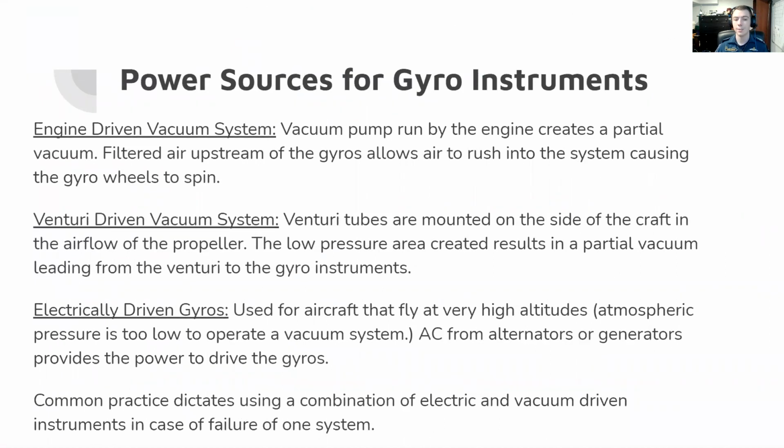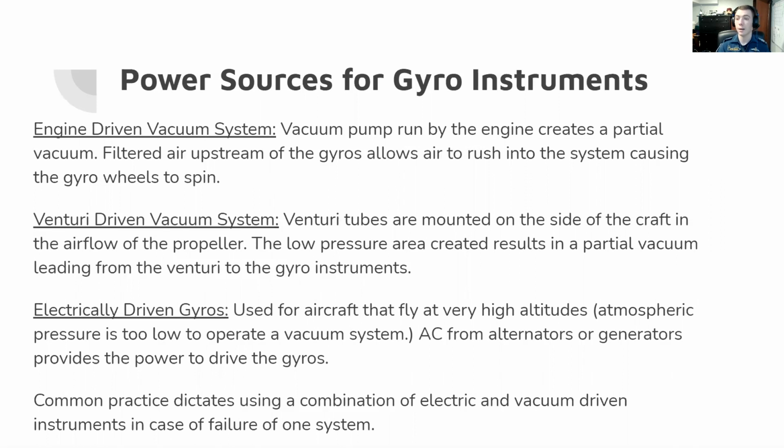All right, so we've got a few different types of power sources. So we have engine driven, so basically a vacuum pump, which is a cool piece of machinery that will evacuate air to create suction, and it doesn't create a perfect vacuum. It's a partial vacuum, and this allows the air to rush into the system, which pushes the gyro wheels around and causes them to spin and make sure that they keep spinning at a constant rate.